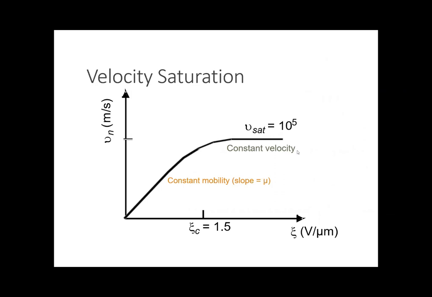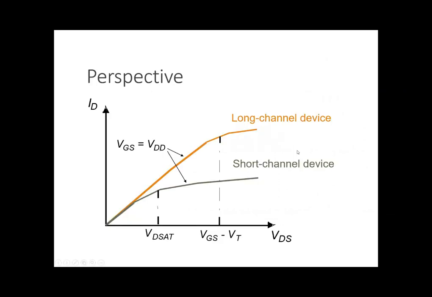The next thing to be discussed is the point I was discussing a few moments earlier: long channel devices and short channel devices. Here you can see that for the same VGS and VDD, you have different behavior in current.